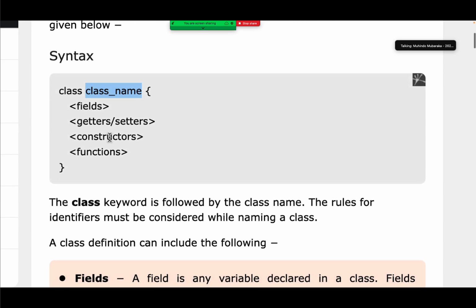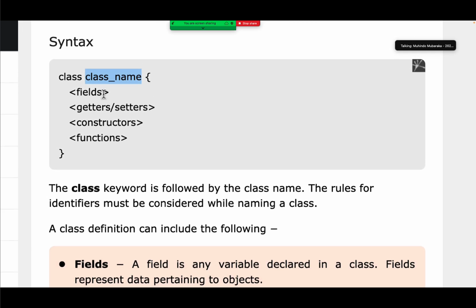Now this is how we define a class in Dart. We begin with the keyword class, followed by the name of the class, and then followed by the structure of that class, the things that you actually need in that class.